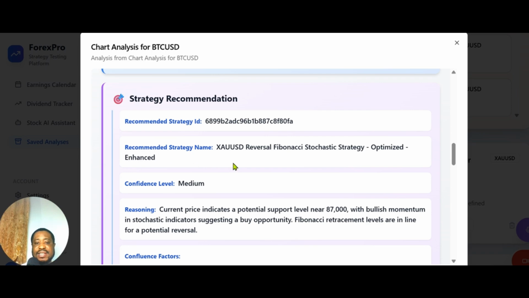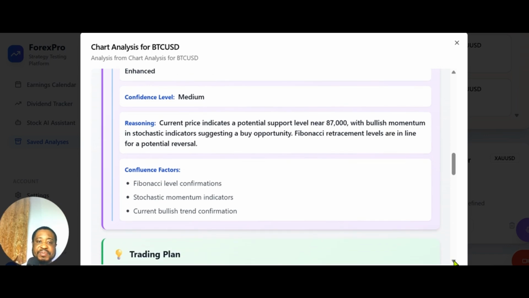It recommended a strategy, what? Reverse Fibonacci stochastic strategy. It used this strategy to give us the trade for Bitcoin. And a confidence level. It gave a confidence level of what? Medium. It wasn't a high confidence trade. And the reason behind it was what? Current price indicates a potential support level near 87,000 with a bullish momentum in stochastic indicators suggesting a buy opportunity.